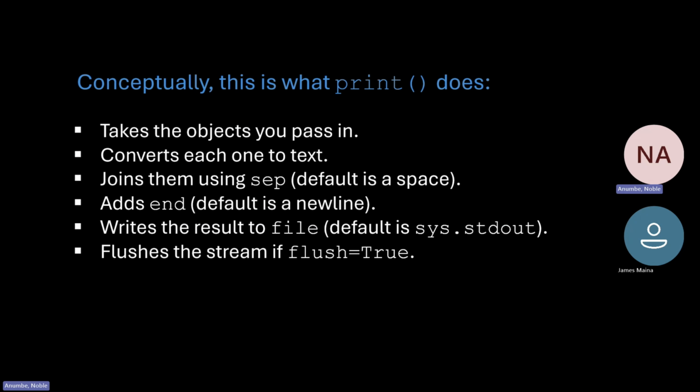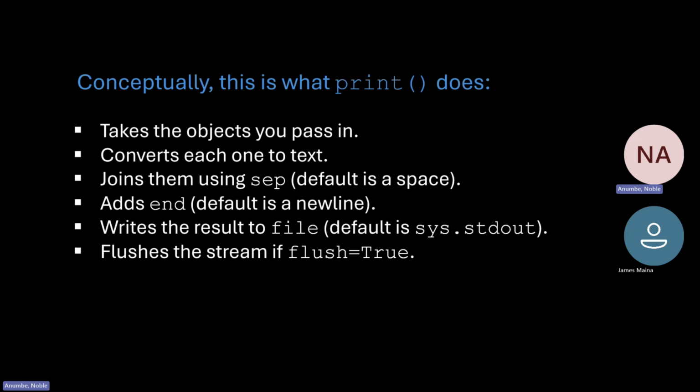So I was talking about print, right? Conceptually, that print function, what you have here as just print, these are all the things it does. It takes an object that you pass to it. So when you do something in a code, you end up with some kind of object. You pass that object in, then it converts that object to text.